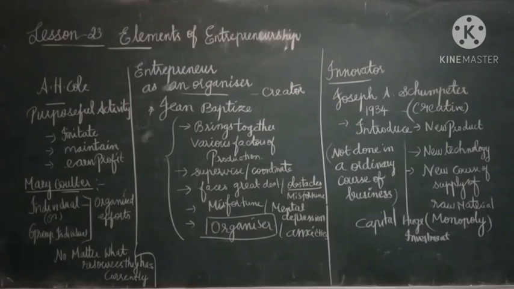A.H. Cole has given the definition: the purposeful activity of an individual or group of associated individuals undertaken to initiate, maintain and earn profit by the production and distribution of economic goods and services. So they are going to initiate the production and the distribution function, and they are going to maintain the production and the profits.